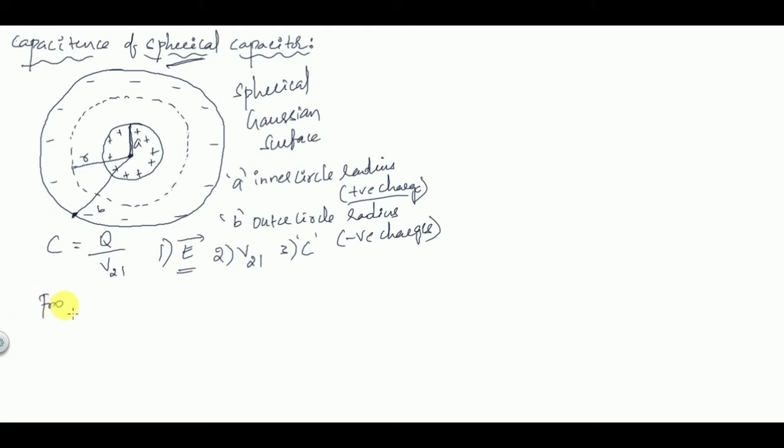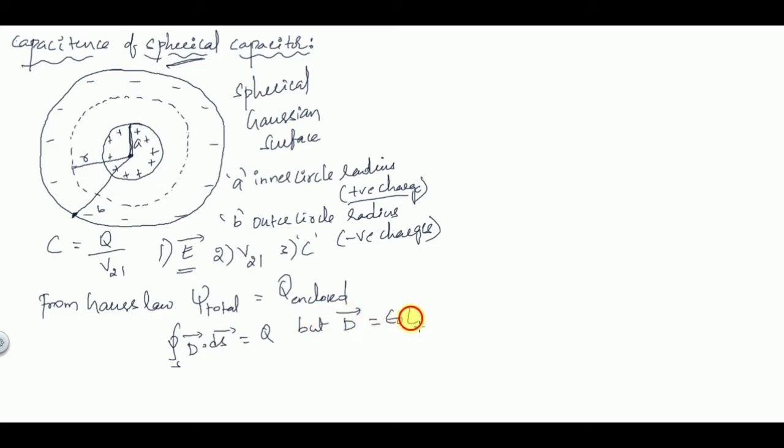So from Gauss law again, phi total is equal to Q enclosed. Okay, so what is phi again? Integral over S of D bar dot ds bar is equal to Q, but D bar is equal to epsilon naught E bar.